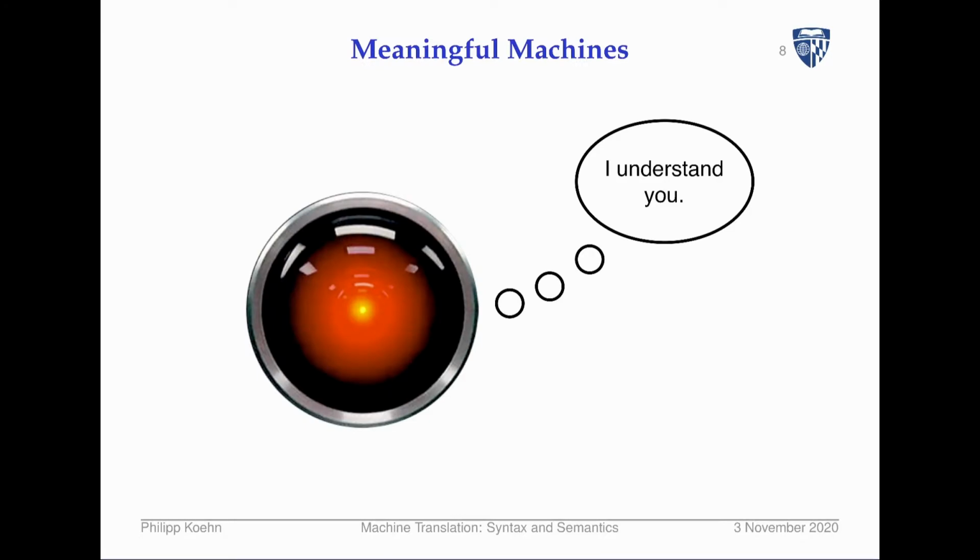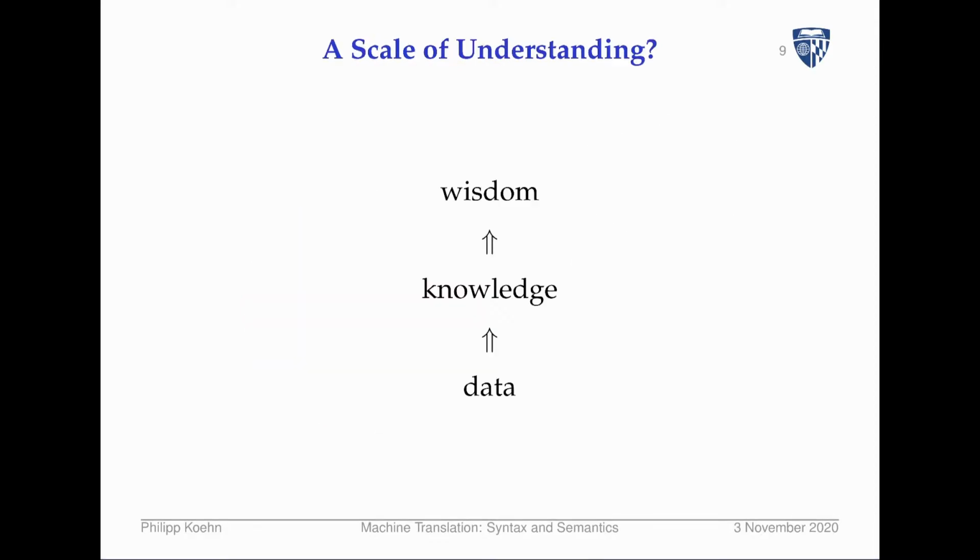So you want to have a computer that not only mindlessly processes data and follows instructions, but actually understands what you want. So a computer that understands you. There are also these concepts that get thrown around in discussions about artificial intelligence. So we have no doubt saying machines are processing data.